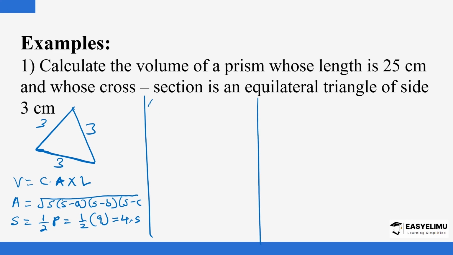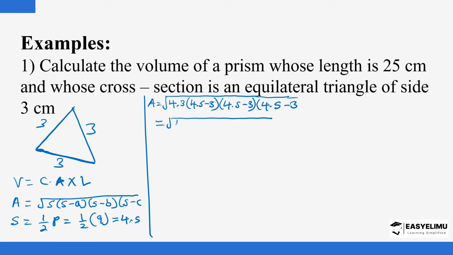Then the area is going to be the square root of 4.5 into 4.5 minus 3, 4.5 minus 3 again, and 4.5 minus 3. So that is the square root of 4.5 multiplied by 1.5, multiplied by 1.5, and multiplied by 1.5.